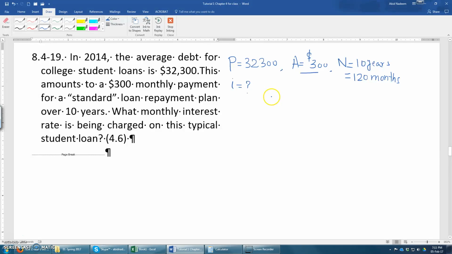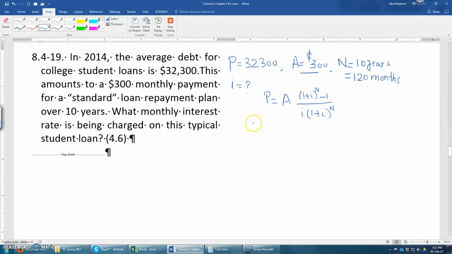So we have the equation P is equal to A into (1 plus i) power n minus 1, over i into (1 plus i) power n.